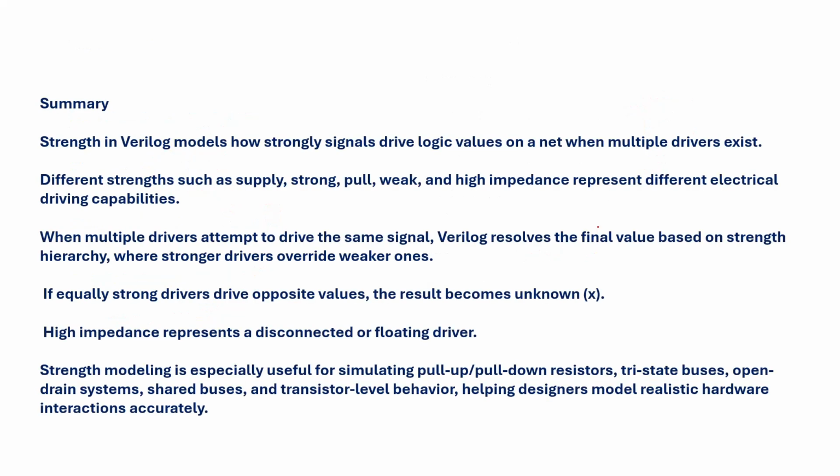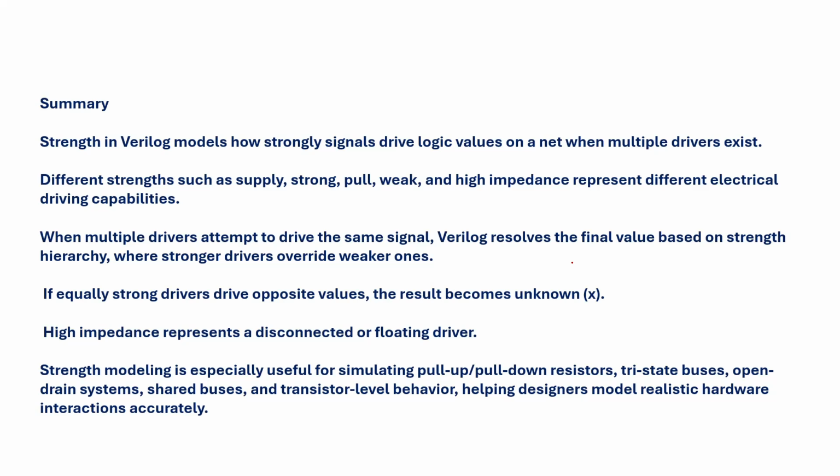This is the summary, you can read that. Equal strengths give an unknown value, and these are the different strengths: supply, strong, pull. Maximum we use supply, strong and weak; these are the strengths most designers utilize.